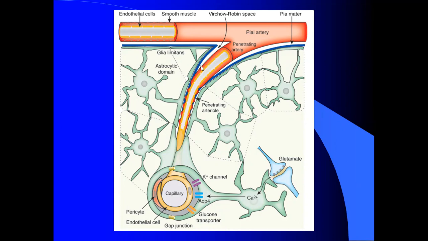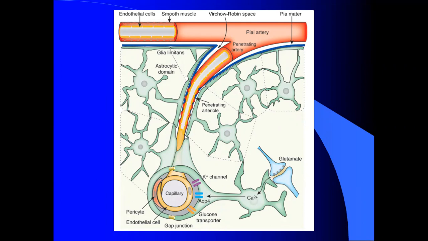Eventually, that space is going to become obliterated and the pia will be in direct contact with the vessel. And that's not useful, because the pia is still isolating the vessel from the brain, from the parenchyma. So eventually the pia is going to have to disappear too, and the basal membrane won't disappear.